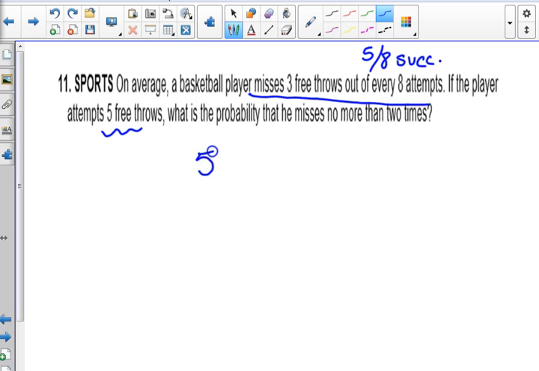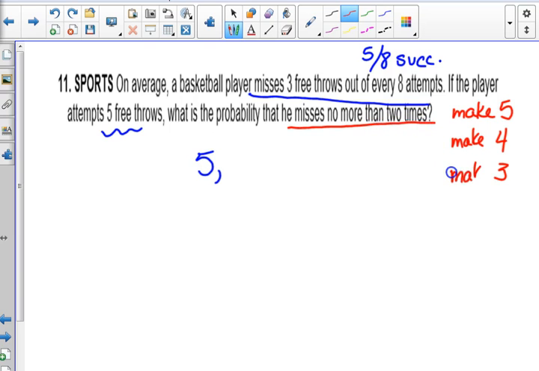5. Okay. Now, we've got to think this through. He misses no more than 2. So he's got to make, out of 8, he's got to make 8, right? No, wait, he's only attempting 5. Sorry. He's got to make all 5, or he could make 4, and he could make 3, and then he would miss no more than 2, right?